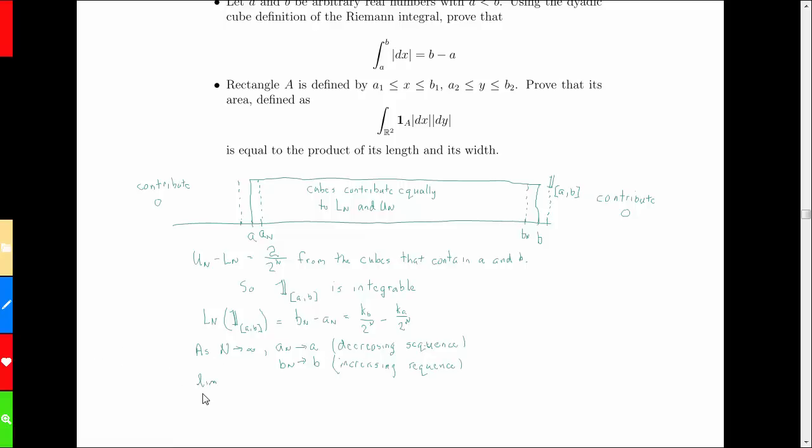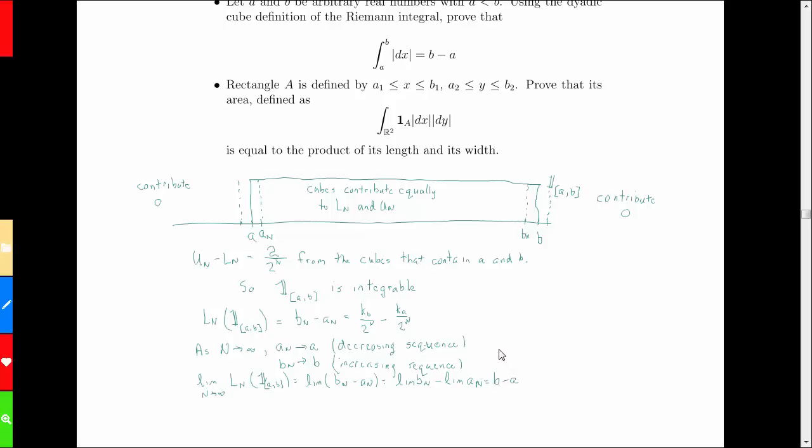And now we're done. The limit as n approaches infinity of this lower sum for the indicator function is equal to the limit of b sub n minus a sub n, but as we proved last term, that's the limit of b sub n minus the limit of a sub n, which is equal to b minus a.